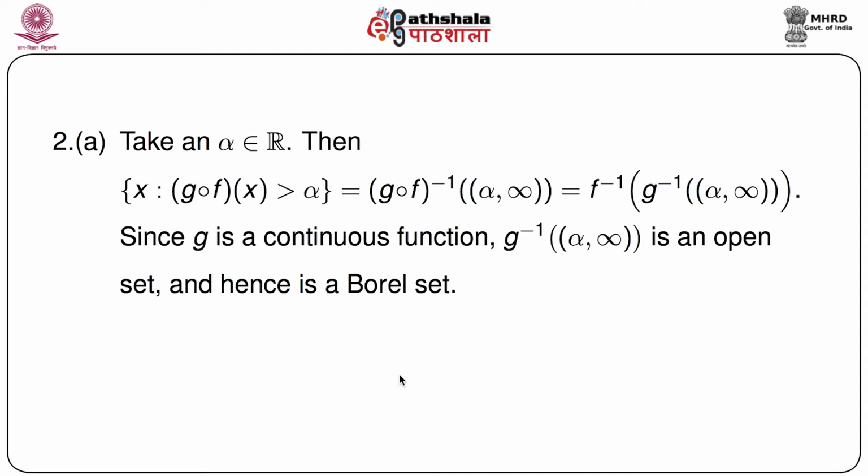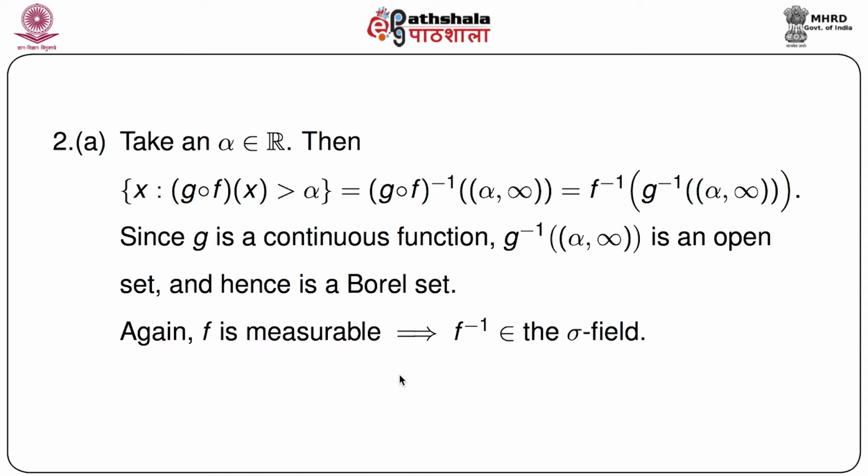Now remember, g is continuous, so g inverse of (alpha, infinity), the inverse image of this open set, is also an open set, and hence it is a Borel set. Now since this is a Borel set, and we know that f is measurable, f inverse of this Borel set must belong to the underlying sigma field, based on which we are discussing this measurability.